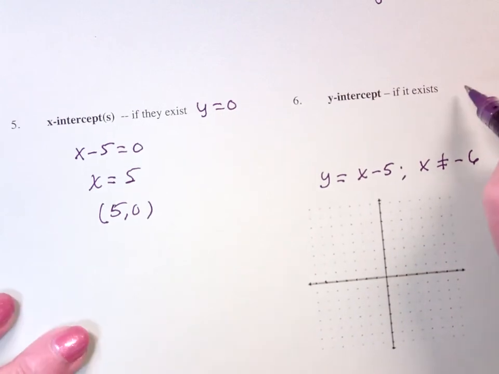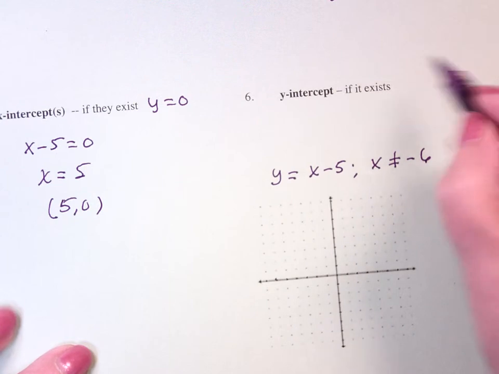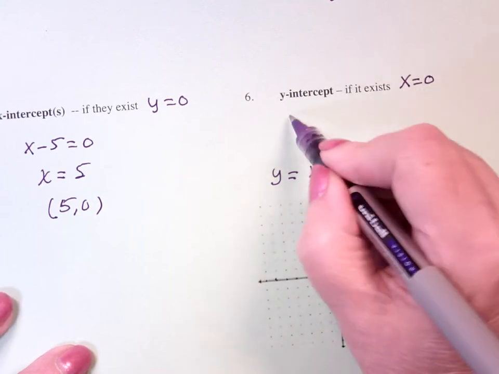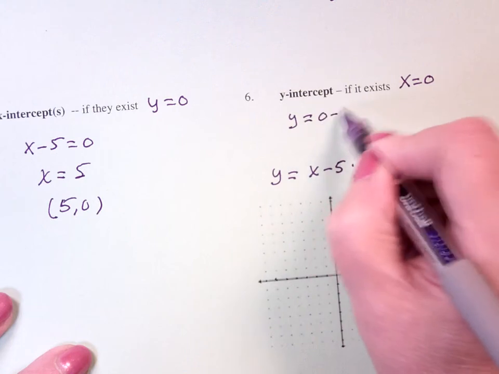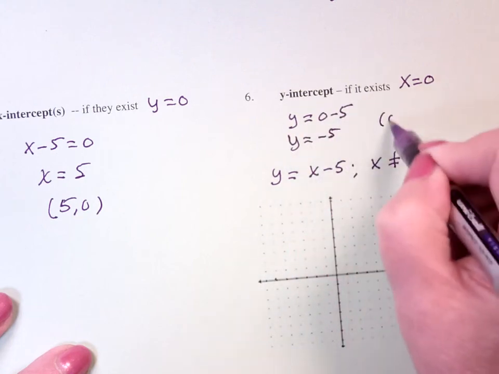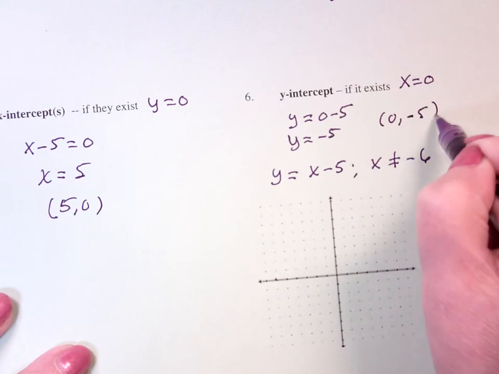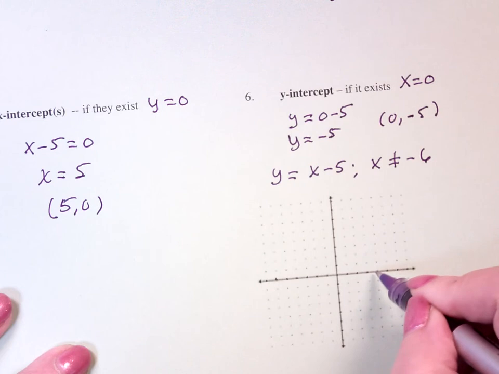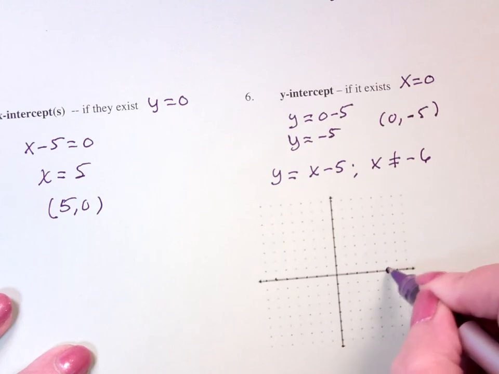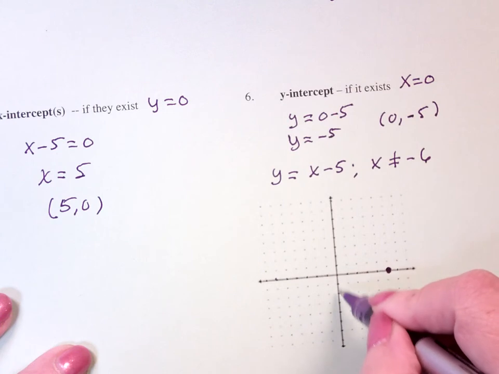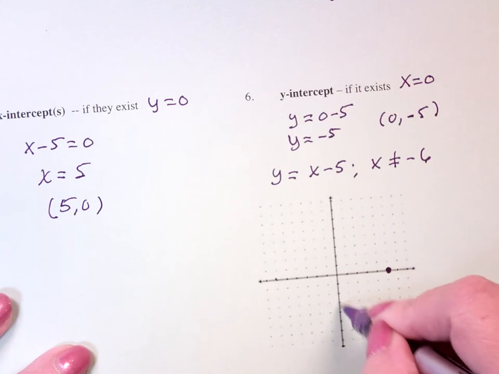And the y-intercept is where x equals 0. So that means that y equals 0 minus 5, or y equals minus 5. So it's 0, minus 5. So I've got 5, 0, 1, 2, 3, 4, 5. And I have 0, minus 5, 1, 2, 3, 4, 5.